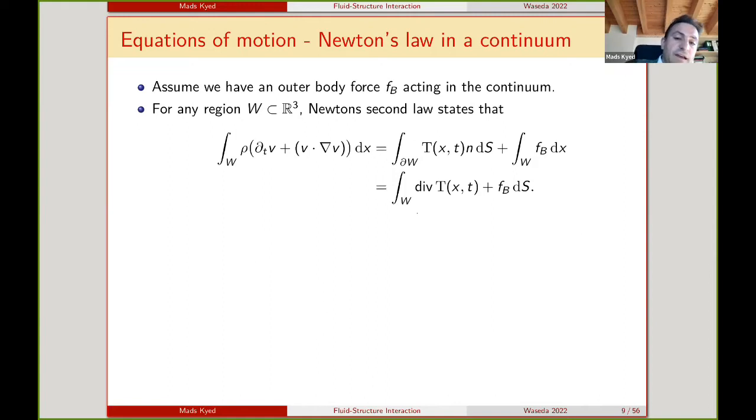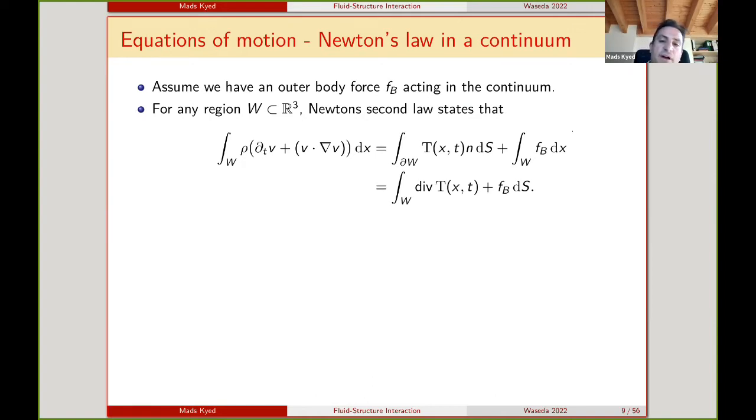On the left-hand side, we have our mass times acceleration density integrated over W, so we get the total mass times acceleration, the total derivative of the linear momentum. On the right-hand side, we have the total force: our intermolecular forces expressed in terms of the Cauchy stress tensor, and some external body force here.